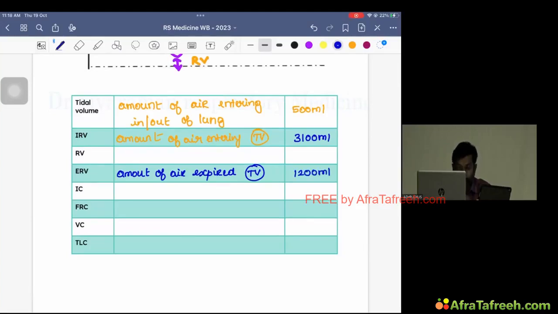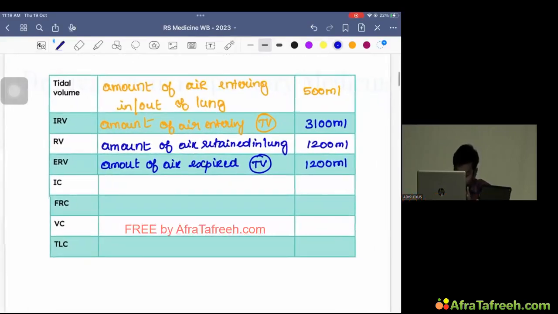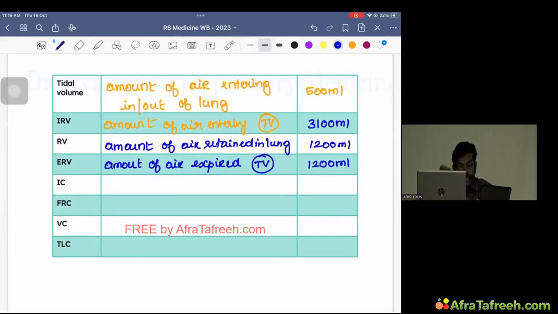Residual volume is the amount of air retained in the lung, which is 1200 ml. So these are the 4 important volumes you have to know. If you see here, volumes are individual efforts.